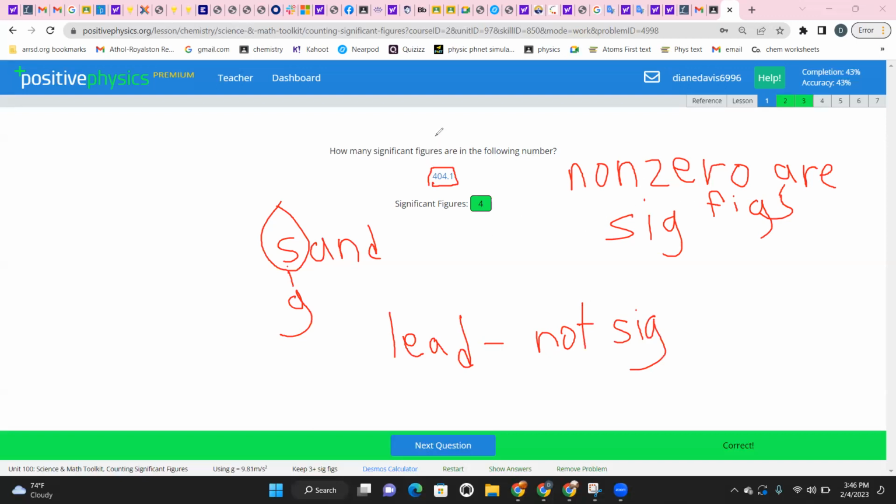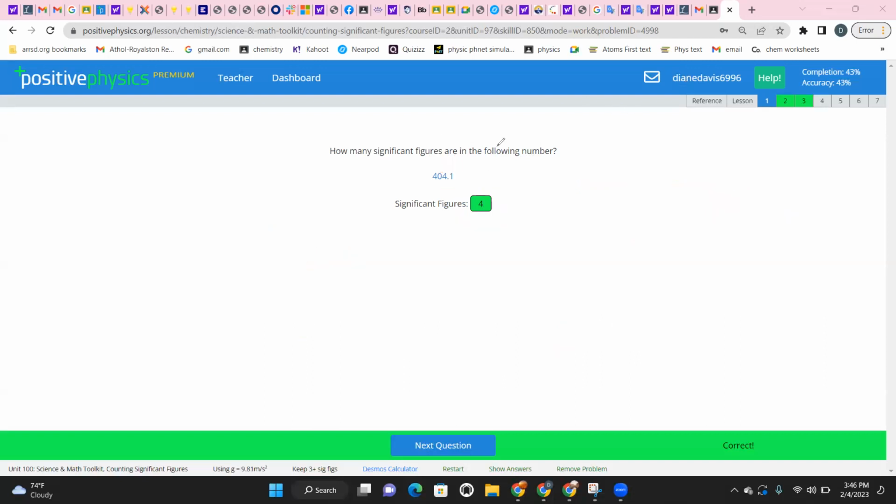So the only zero we have here is sandwiched, which makes that a significant figure. So therefore, there are 4 significant figures in that problem. Okay, looking at this one here, there's only one because the zeros are trailing. It's only one non-zero.